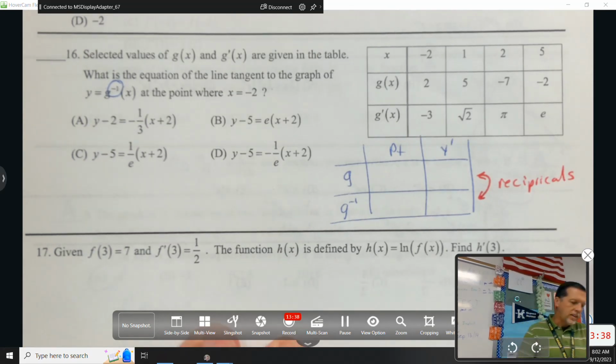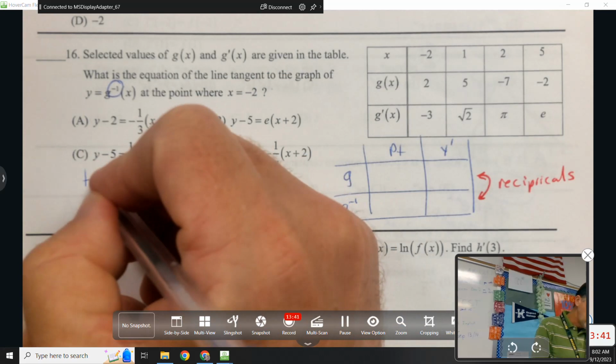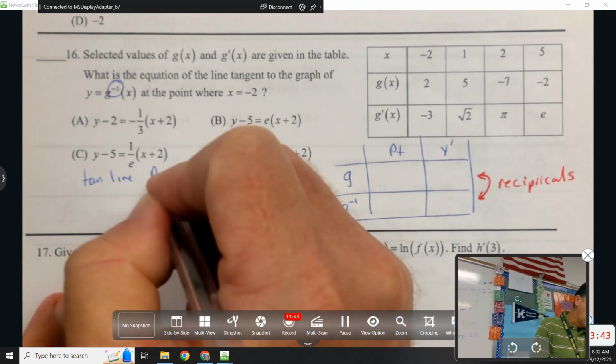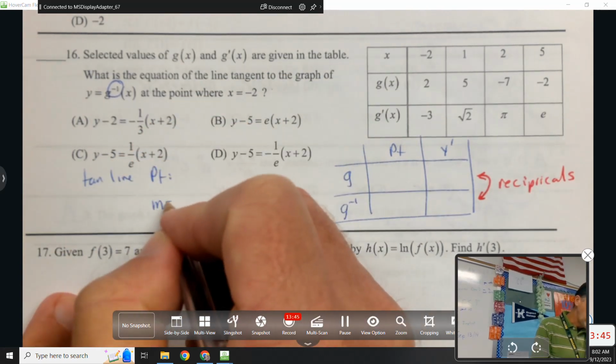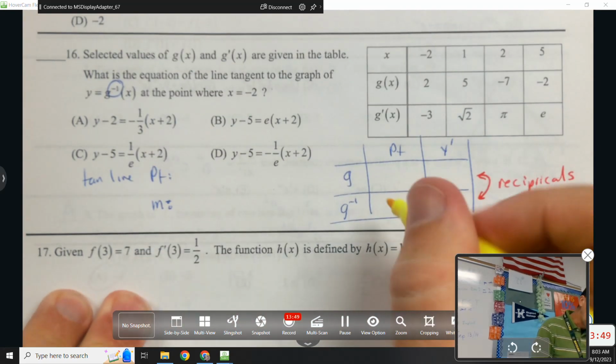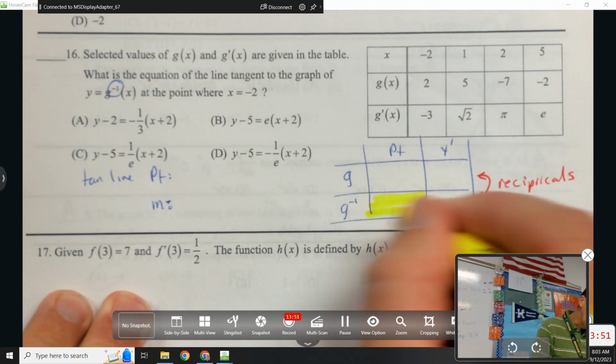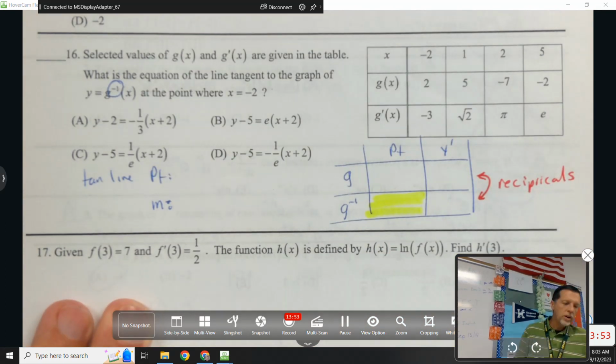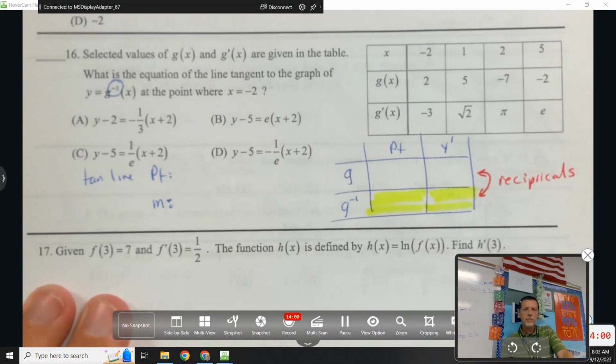To write a tangent line, I need a point and a slope. And so actually I need both of these. I need this cell for a point, and I need this spot for my slope, and then I can write the equation of the tangent line.